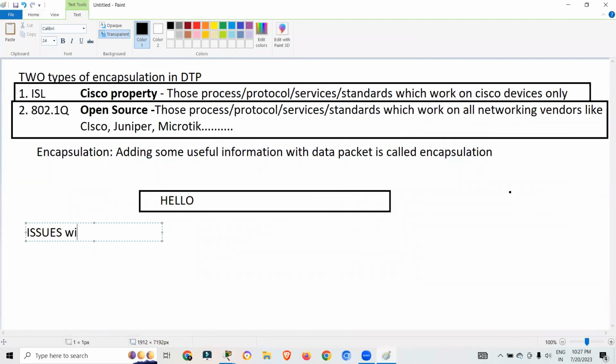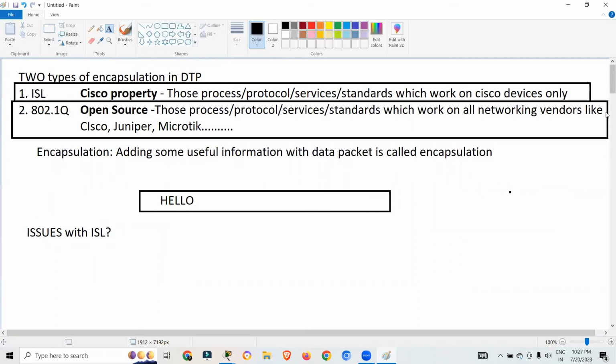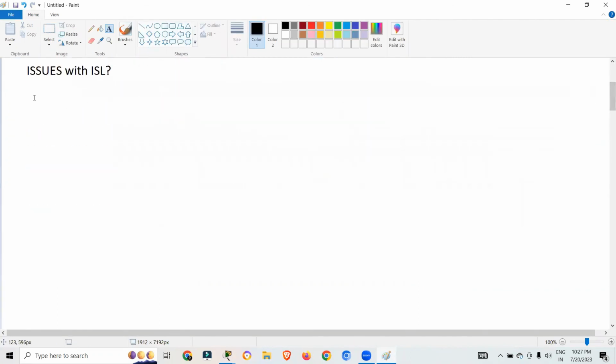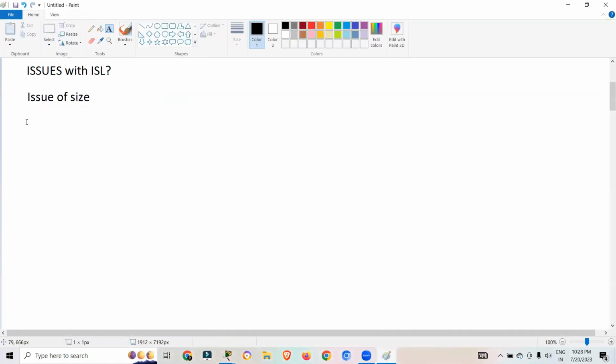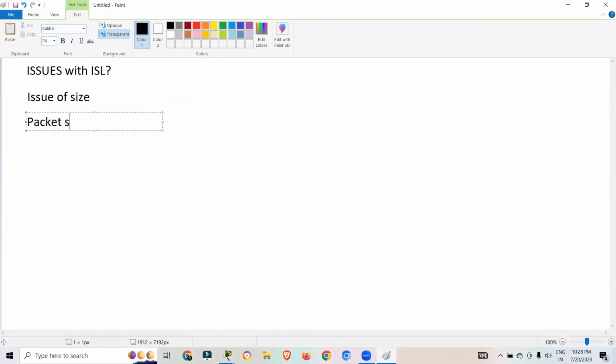When I compare ISL with .1Q, I will find that there is an issue of size.